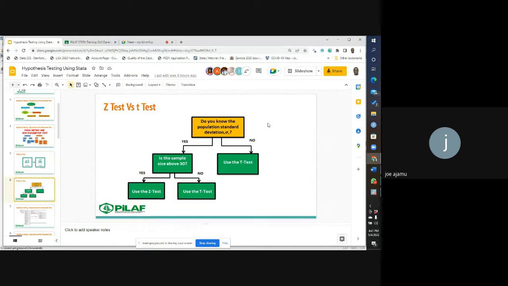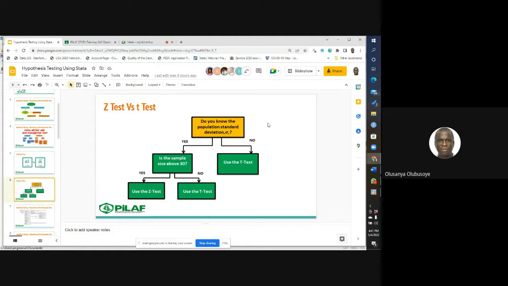You use the Z test when the population standard deviation is known and the sample size is large. Is that clear? It's clear, sir.